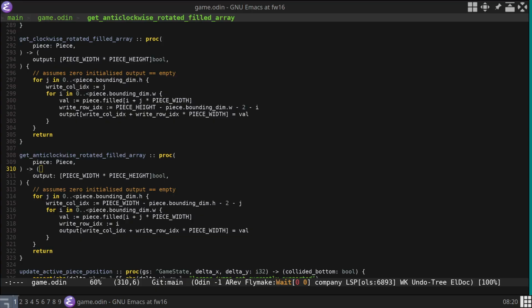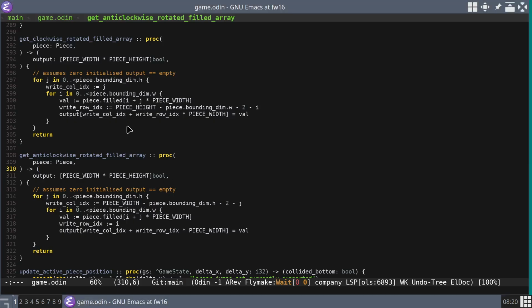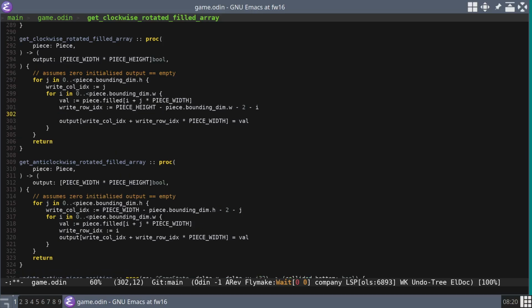And so let's see if we can get this working. Where were we? This is wrong. I think the thing to do is print i, j, right row index, right col index, and see what we're getting.